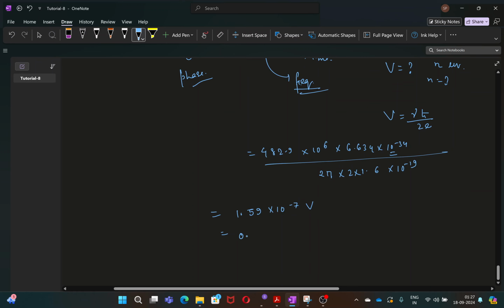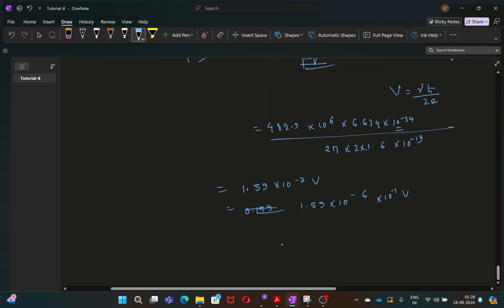Or this is 0.159. So this is 1.59 into 10 to the power of minus 1 into 10 to the power of minus 6 volt.